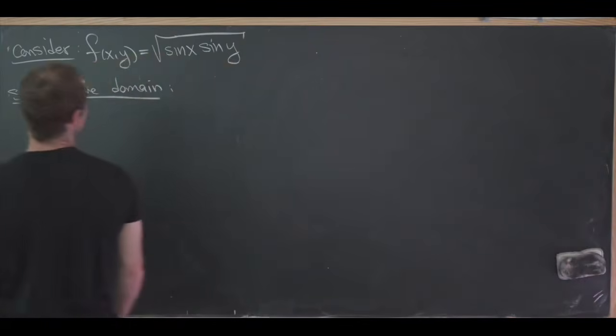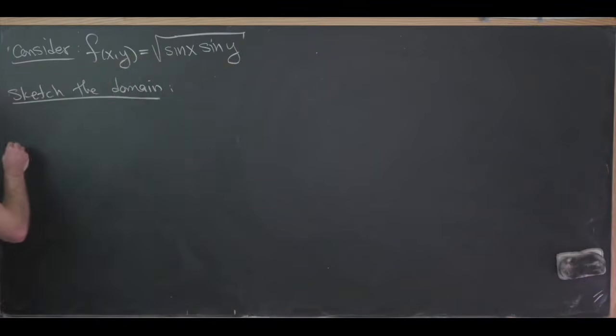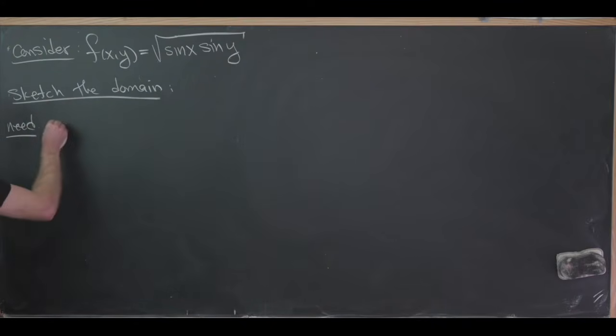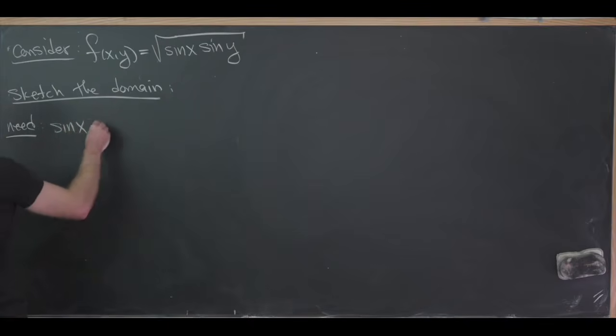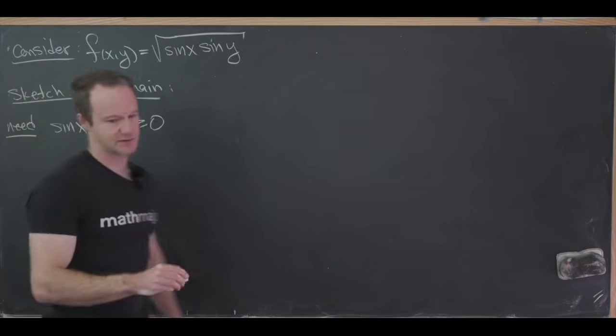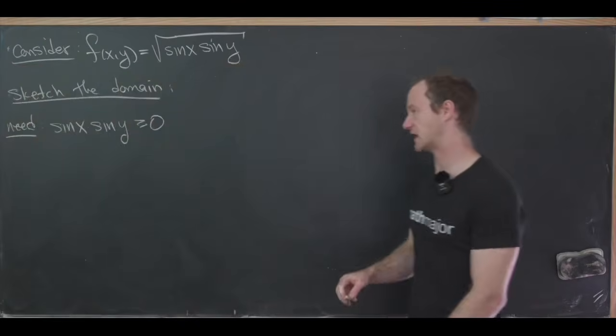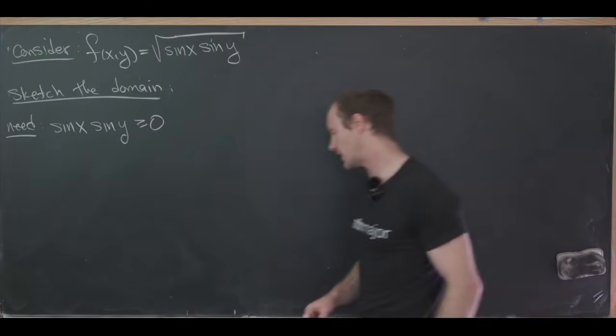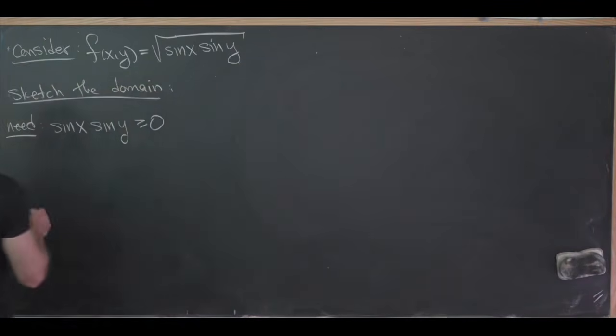So let's notice that since we're putting this inside of a square root, what we need is for the inside of that square root to be bigger than or equal to 0. So we need sine of x times sine of y to be bigger than or equal to 0. Otherwise, we'll be taking the square root of a negative number. Okay, so that boils down to 2 possibilities.